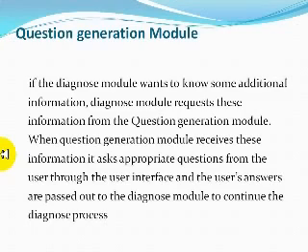When the question generation module receives this request, it asks appropriate questions from the user. In this case, it will use the user interface to prompt the user. And also, the answers provided by the user are passed to the diagnose module to continue the diagnosing process.